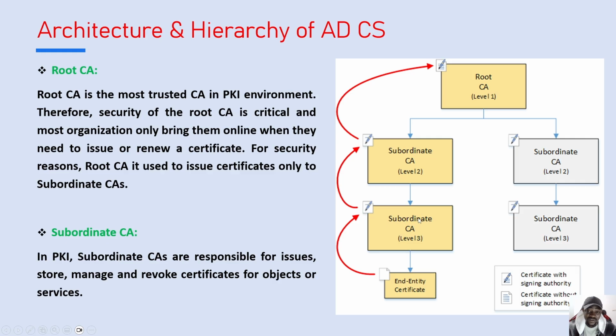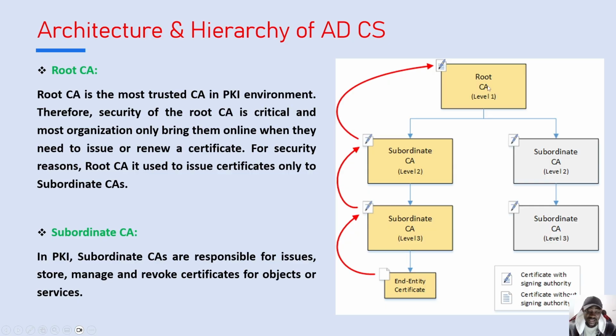For example, on this image, this level 3 CA will get its certificate from this level 2 CA, and this level 2 CA will get its own certificate from the root CA, and the root CA will get its certificate when you are configuring it as the root CA.